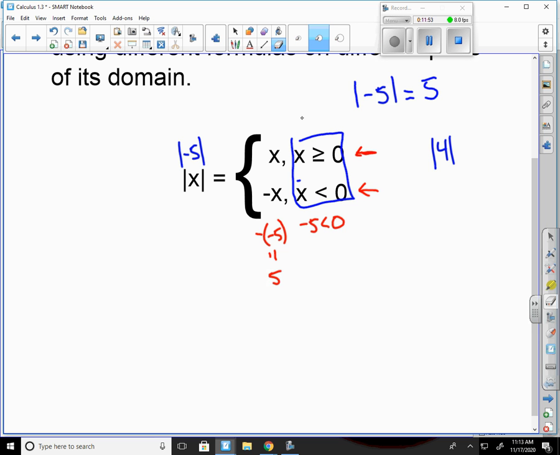The top, because 4 is greater than 0. So if it's the top, I just leave it the same. Absolute value of 4 is 4. So I use these to decide which equation I'm actually using. That's the whole gist of piecewise functions.